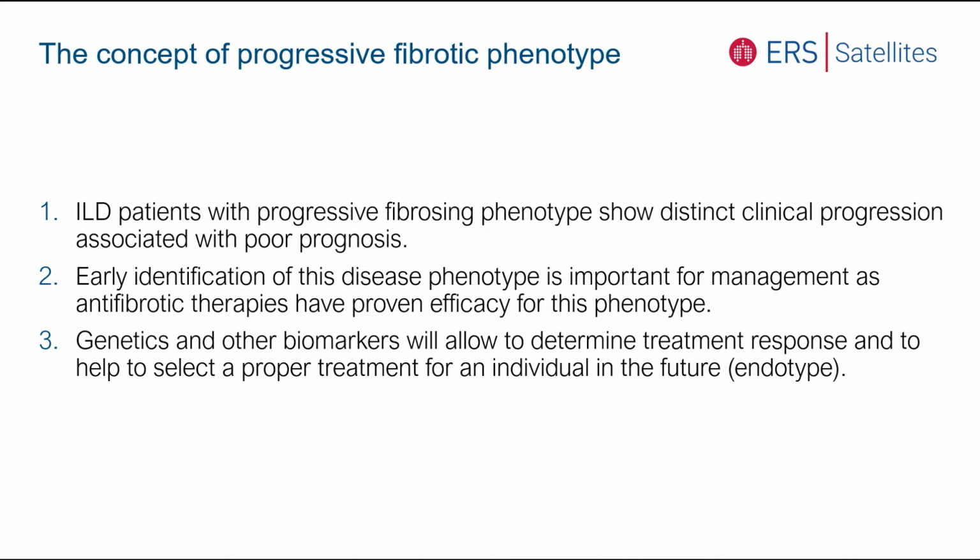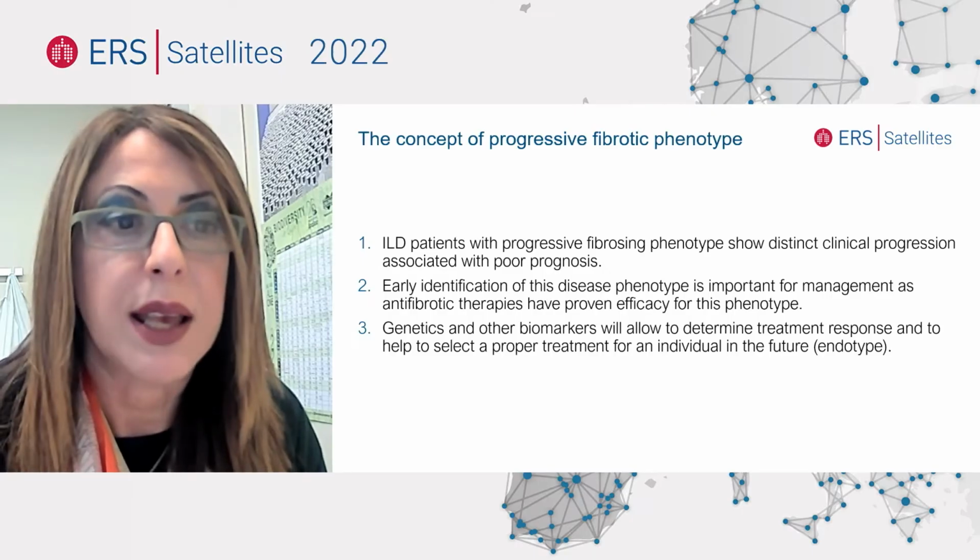So the concept of progressive fibrotic phenotype is very trendy these years, for different reasons, because actually all these diseases, with the prototype of IPF, show this lethal clinical progression and of course the poor prognosis.